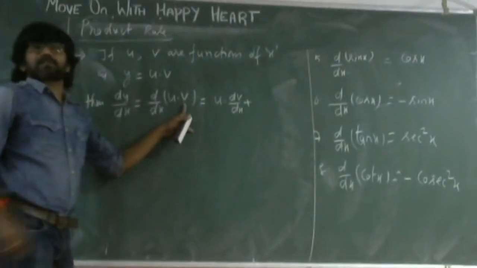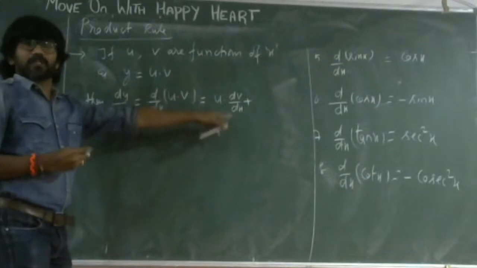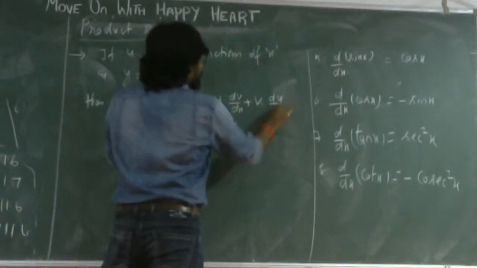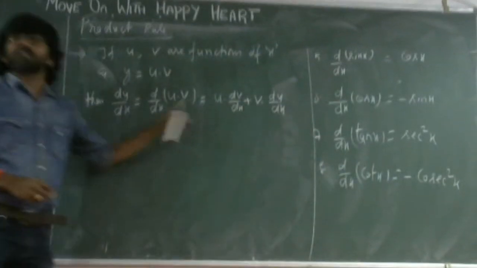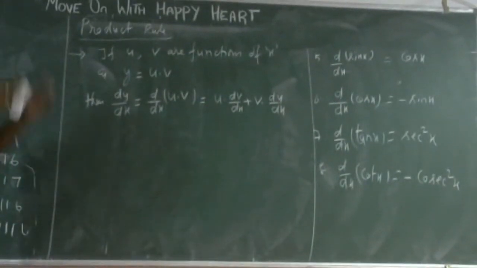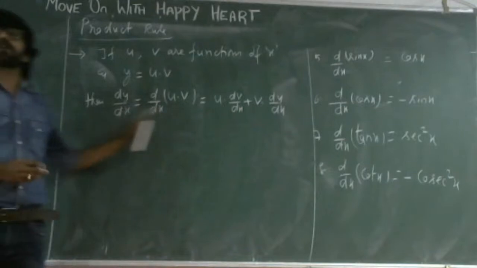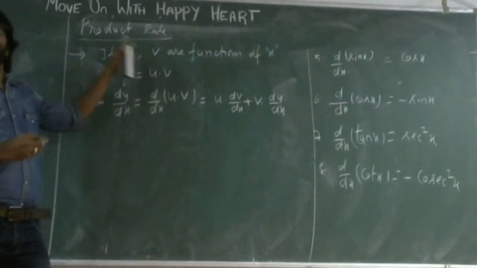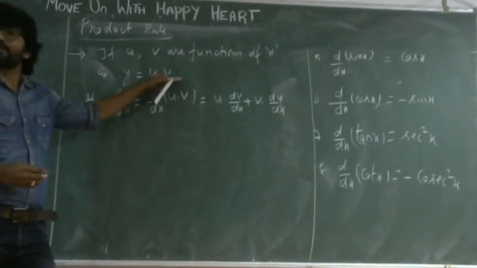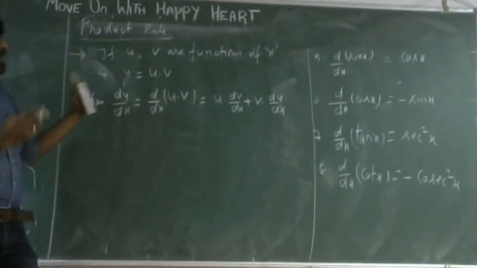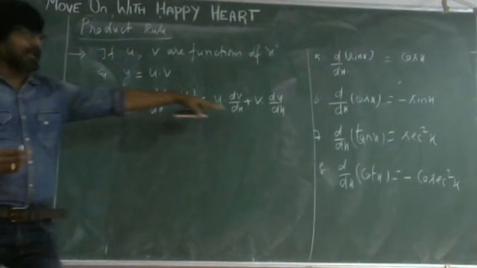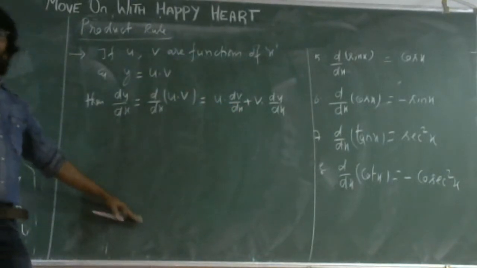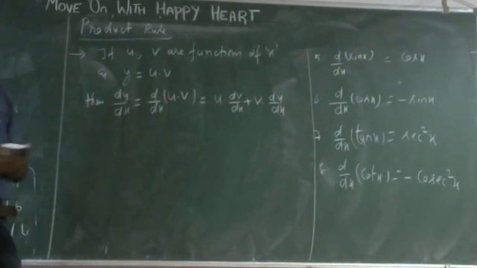Then plus, while taking the product rule you have to take plus, second function as it is into du by dx. This relation is called the product rule. If you have two functions u and v which are functions of x, and y is equal to the product of those two functions, then the differentiation of that product is obtained by using this. Let's do a few examples here itself, then we will discuss the quotient rule and the chain rule quickly.